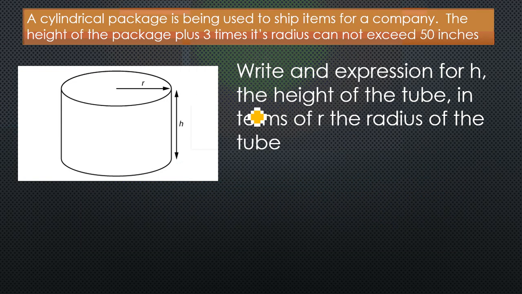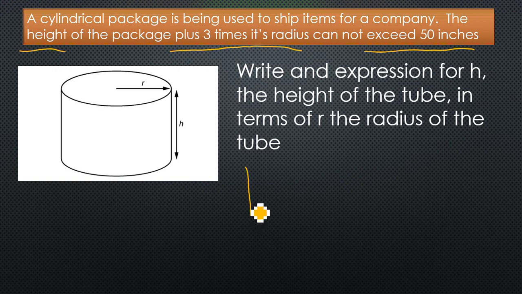Okay, so it says here that the height of the package plus 3 times its radius cannot exceed 50. And since we're dealing with volume and we want to look at the maximum only, we're not going to write an inequality, although the sentence kind of lends itself to inequality, cannot exceed 50 inches, so that means less than 50 inches. But we're going to be looking at the maximum, so we're going to set it equal to 50 inches.